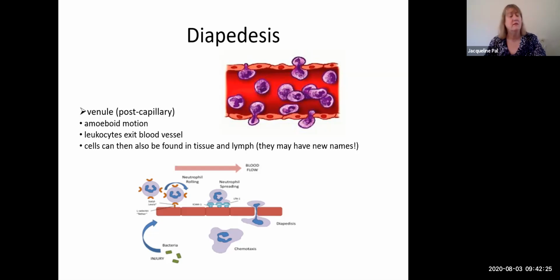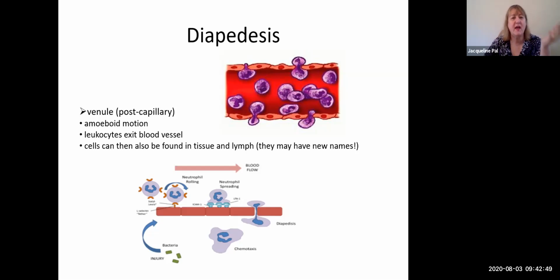It's kind of like, dude, we've got a party going on here, I want to invite you to come do your job. And so then they squeeze between the cells forming the lining of the blood vessel walls. And once they're out in tissue, they will follow the chemical signals to get to the site where they need to do their job.